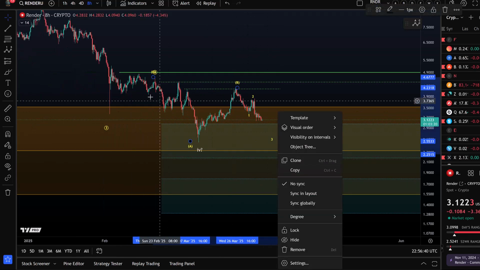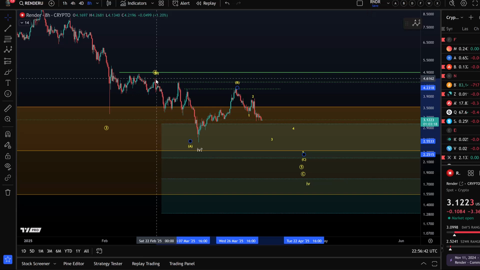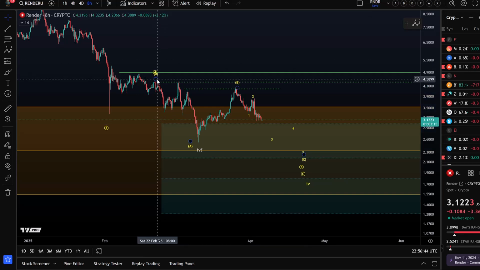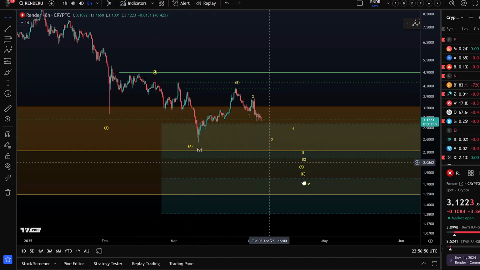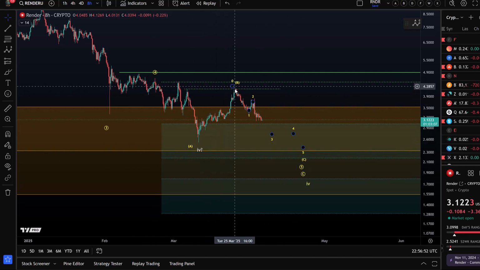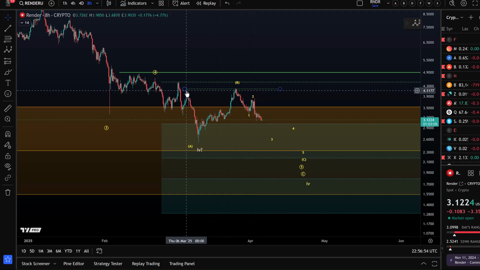So if we assume that a fourth wave triangle finished here around the 21st of February, then the decline afterwards was likely the A wave of 5. This was a B wave bounce, which didn't even break above the recent high.